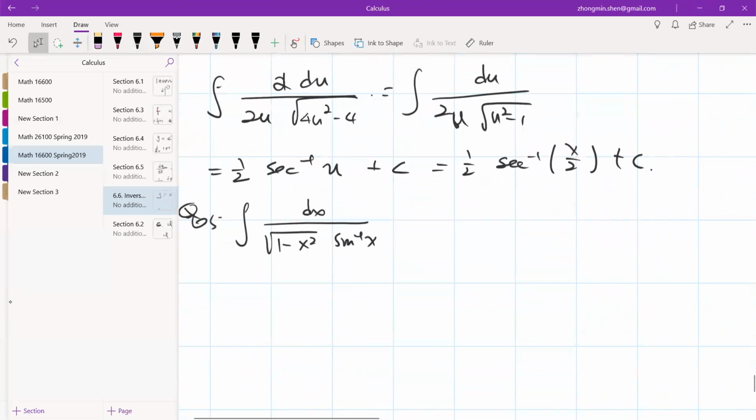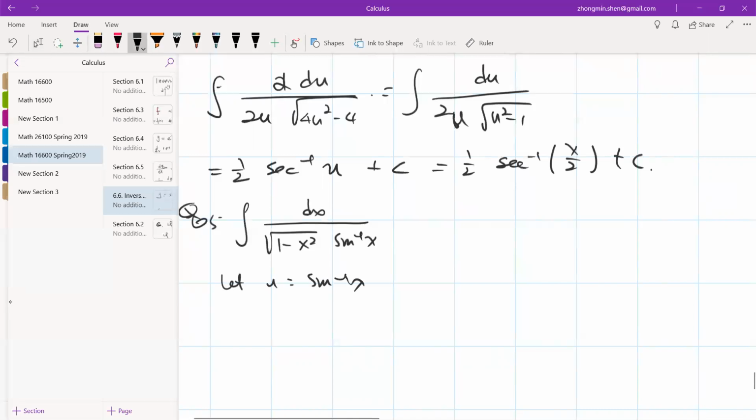We have to simplify this integral, right? There's a possible substitution, but you don't like this arcsine x. So let's try this to see if it works.